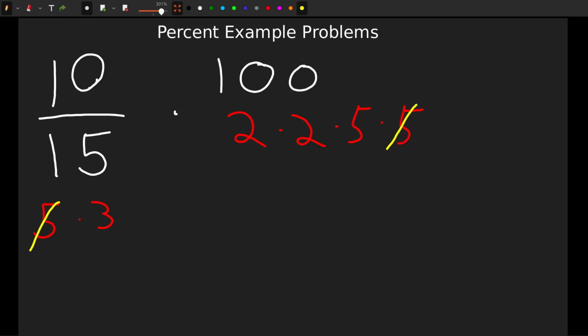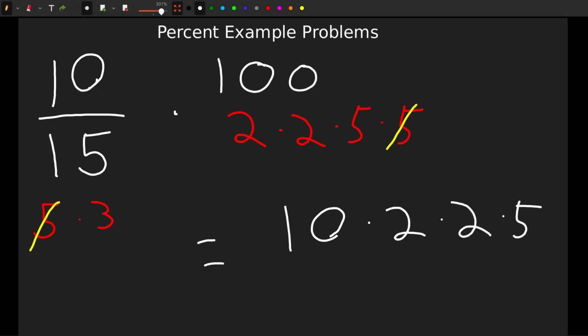And what I will be left with is on top I'm going to have 10 times 2 times 2 times 5 all over 3.